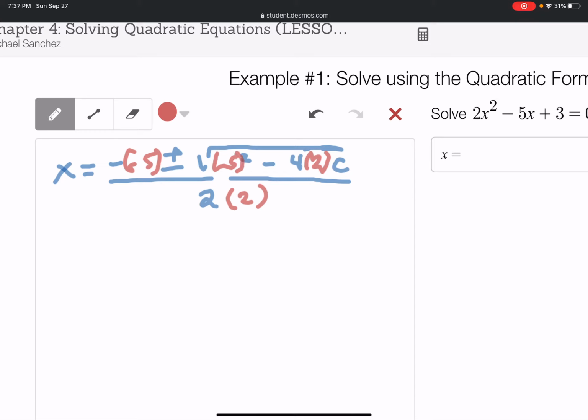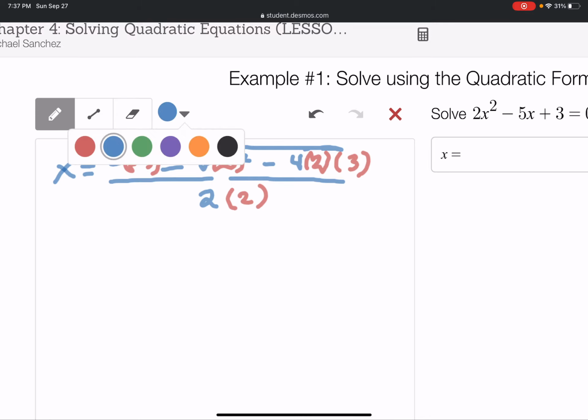And last but not least, we're going to replace our c, the only c that we have there, with a positive 3. All right, and then all we're going to do is follow our order of operations and solve this problem out.